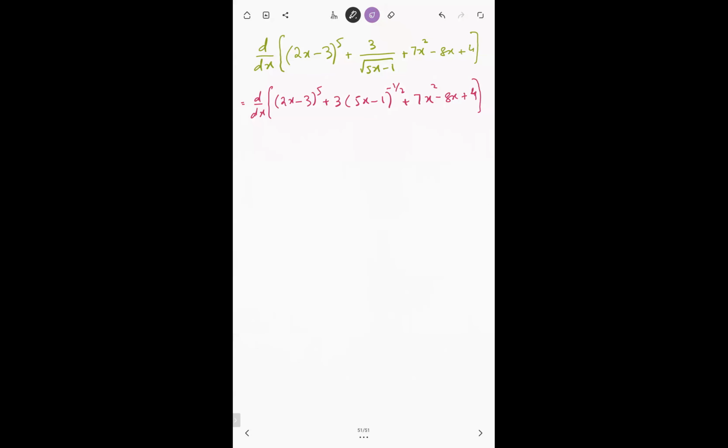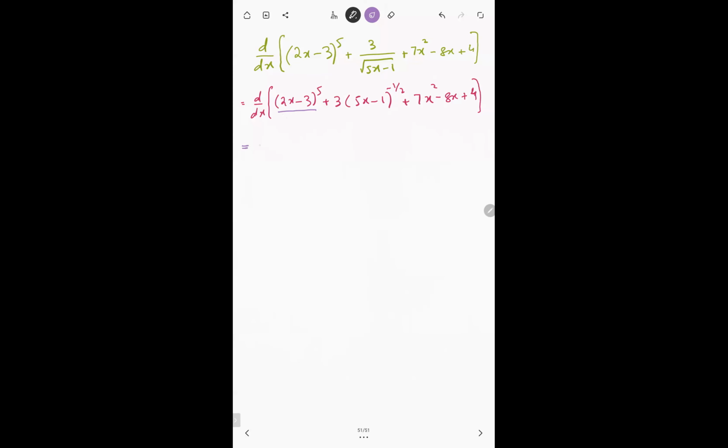Okay, Hasib sent his answer. Okay, see here. I hope you have done it. The first term is (2x minus 3) whole power 5. We need to apply the second rule here, the whole power rule.